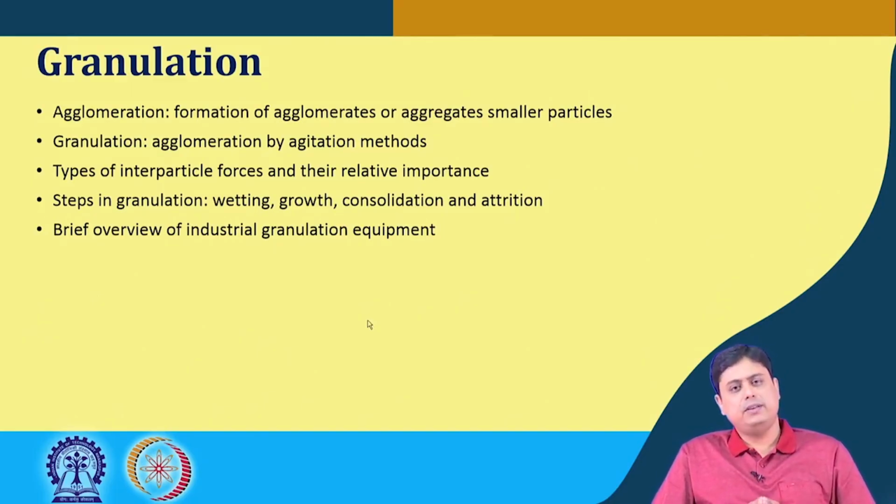We will see its various stages. We will look into the various molecular level forces that are important in having this granulation efficiently, and then at last we will have an overview of various granulation equipment, like we did in the case of size reduction.